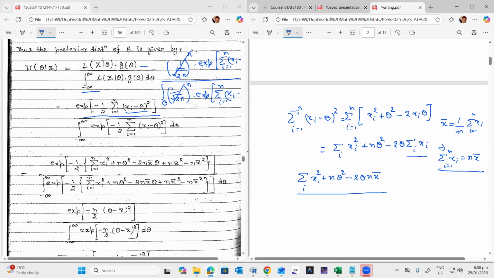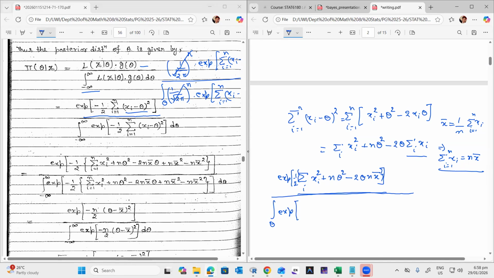So it is inside the exp minus 1 by 2, right? So now integral over the range of theta exp, and here you have one more bracket.